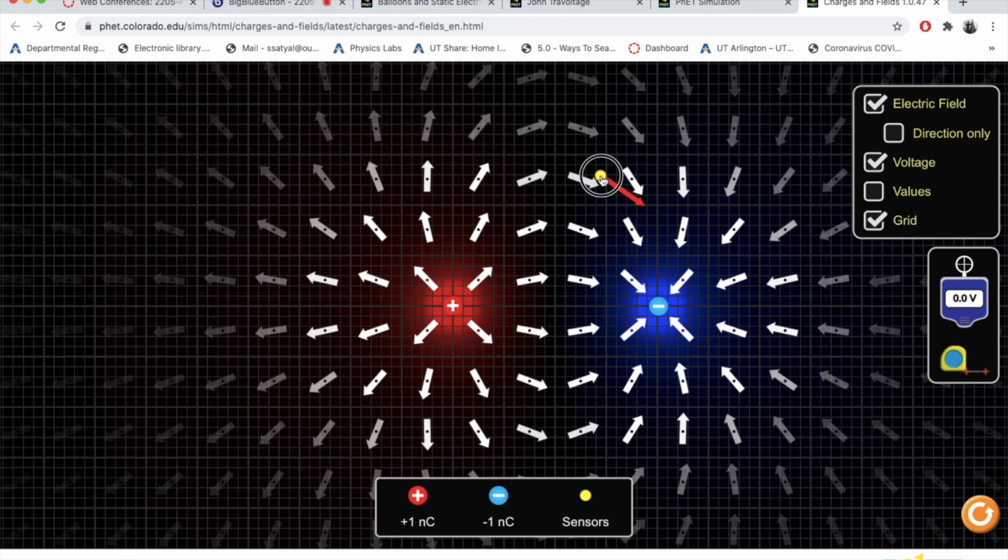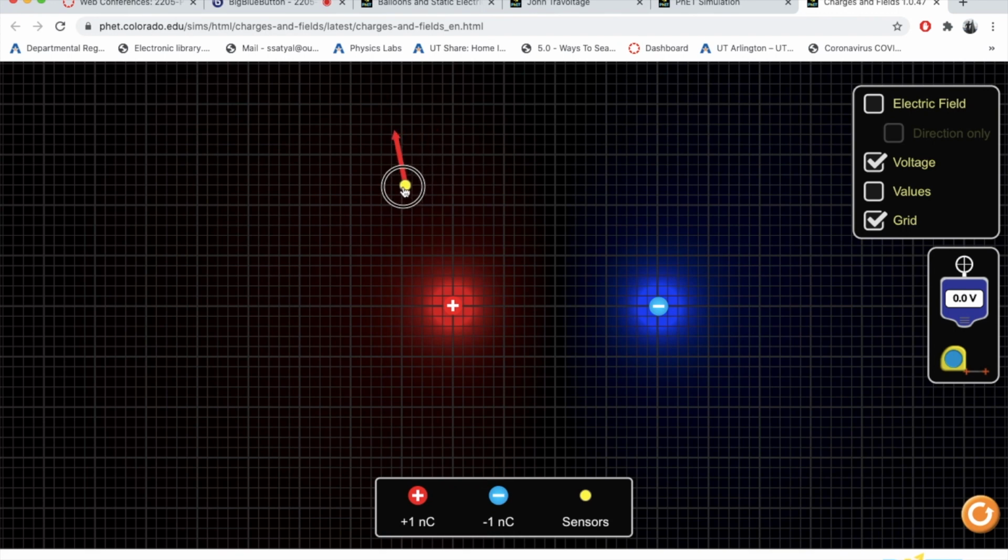If I put my sensor around, as you see, it follows even if I don't show the electric field here, and I can check my electric field direction around these two charges. At the horizontal axis, I know the direction of the electric field should start at positive and end at negative, so it will be horizontal to the right, and here it should be directed that way.